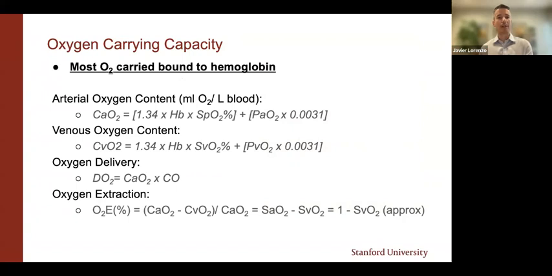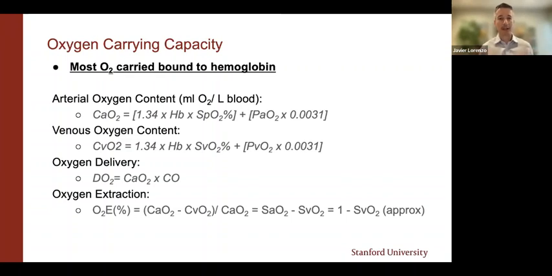Although if you're really, really anemic, or really high in the environment, or in a hyperbaric chamber pressurized to 3 atmospheres, that amount of oxygen dissolved in your plasma might just be enough to meet your basic metabolic needs. And that's just because we can do that by pressurizing the chamber.